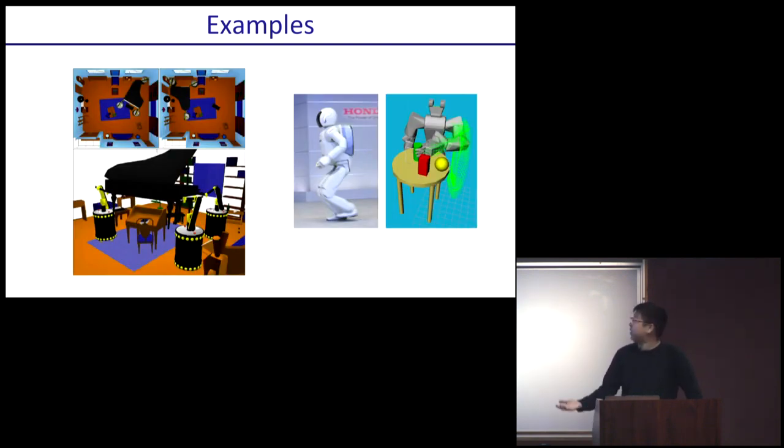And more examples. On the left is a few agents who want to move the piano out of a very constrained room. And on the right, we can see one bipedal walking agent and an object manipulating robot. So these are all under the umbrella of motion planning, or we can solve this by this method.